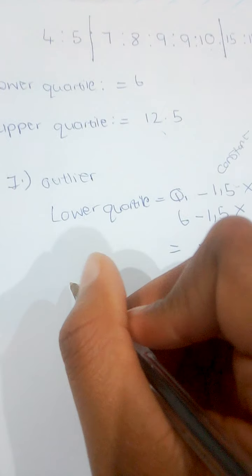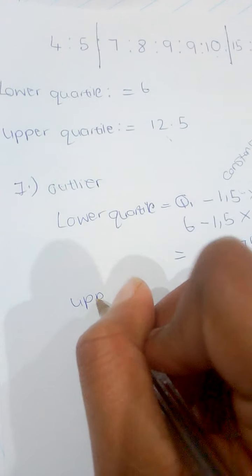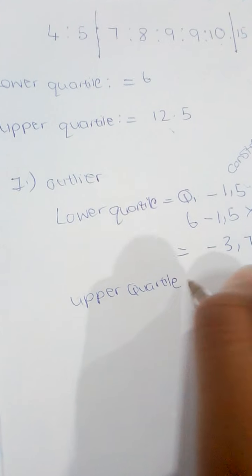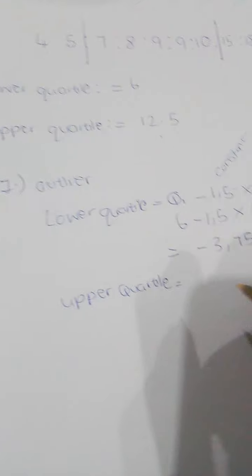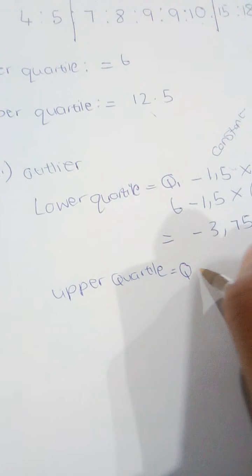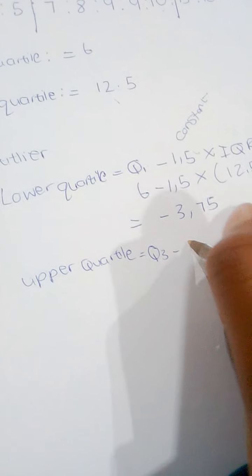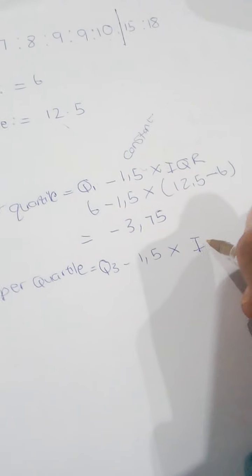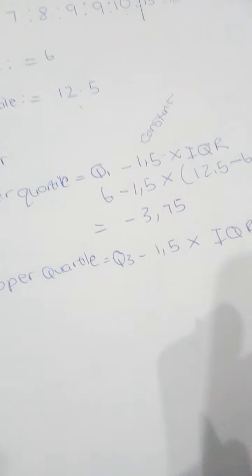And then now you calculate for your upper limit. It is exactly the same. This is going to be Q3 minus the constant 1,5 times the interquartile range, right?